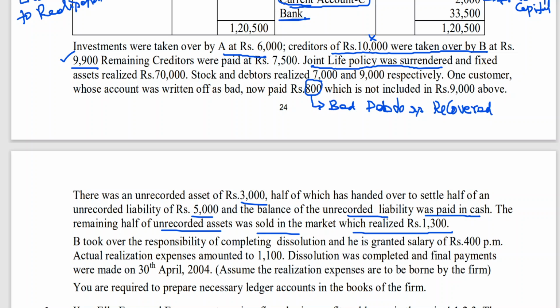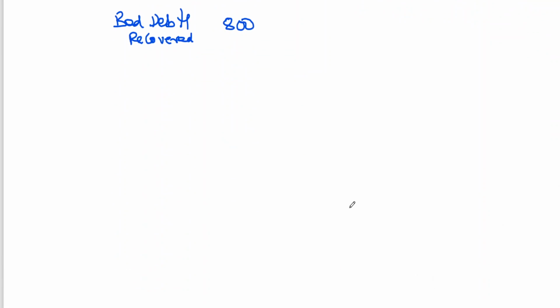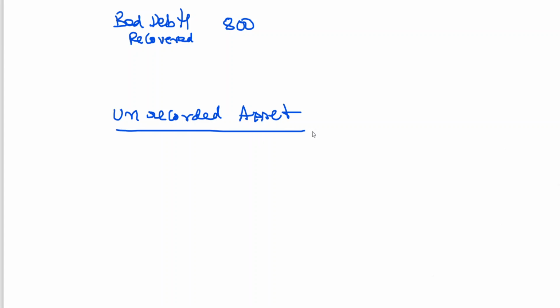First, let me write this. Unrecorded asset 3,000.